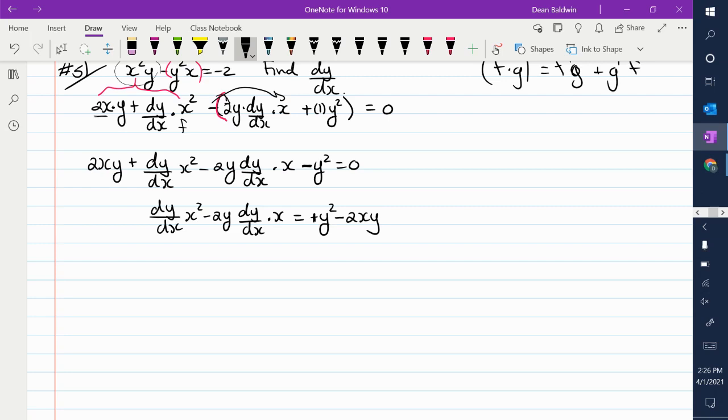Okay, what's my next step? Factor out a dy/dx from this side here. Final step. Divide it off, right?